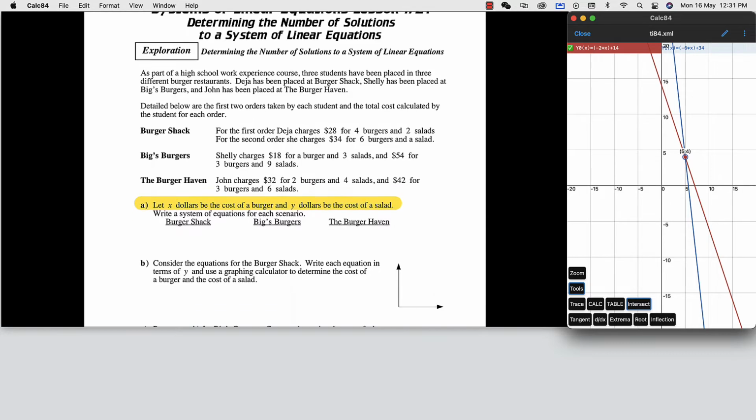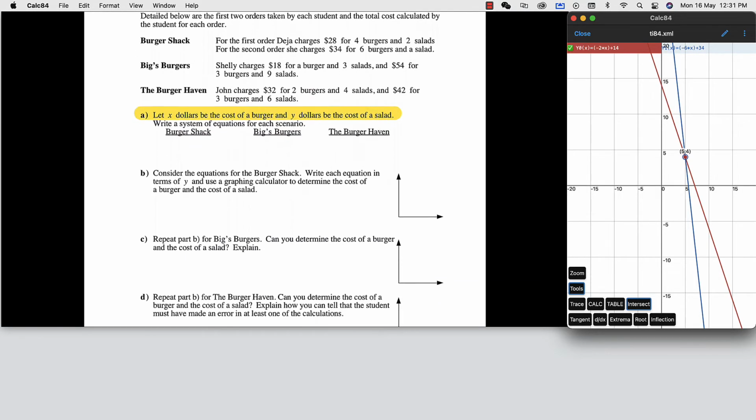So when I go look at the Burger Shack, for example, on the first order, there's 4 burgers and 2 salads. So it's 4 times the cost of a burger plus 2 times the cost of a salad, and that was $28. And the second order had 6 burgers and 1 salad, and the total cost was $34.